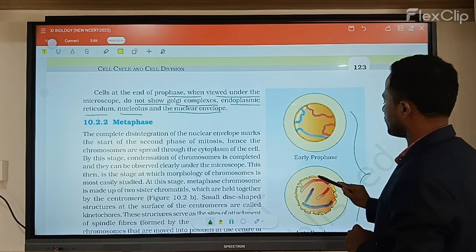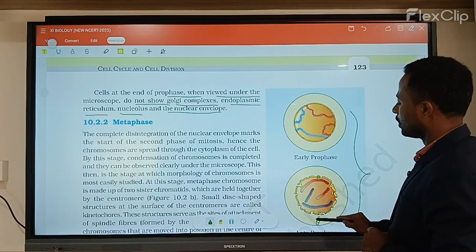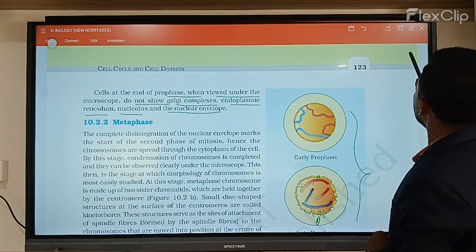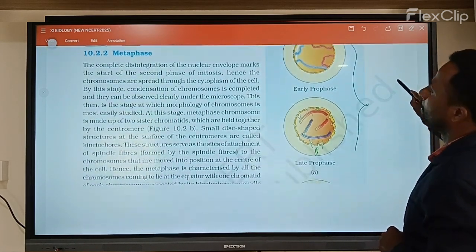So condensation takes place and forms two asters. Okay, this is prophase. Next one is what? Metaphase.